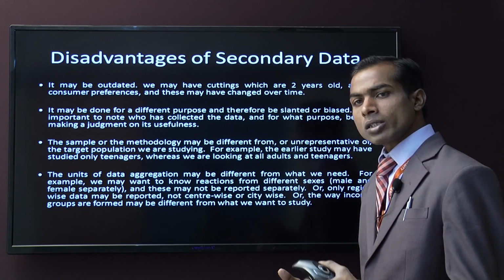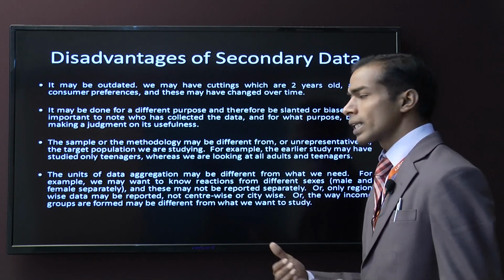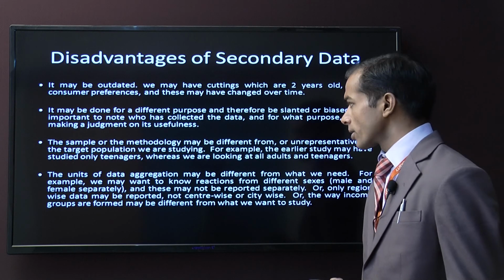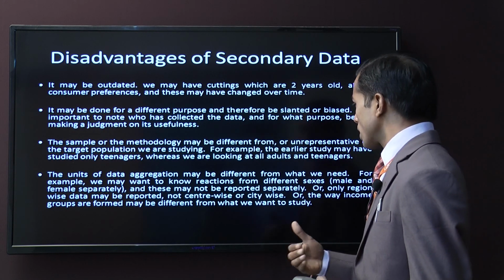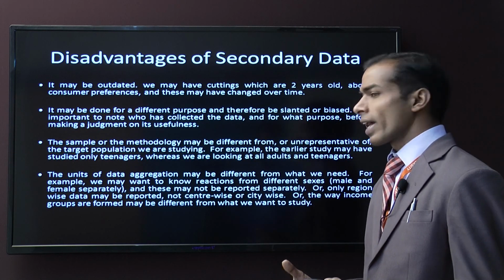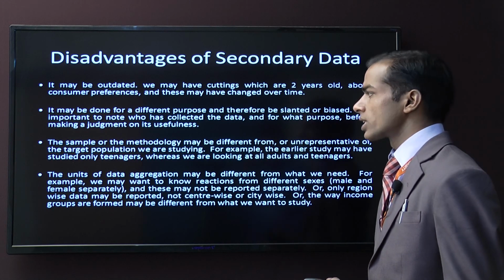The sample or the methodology may be different from or unrepresentative of the target population that we are studying. For example, the earlier study may have studied only teenagers, whereas we are looking at all adults and teenagers.